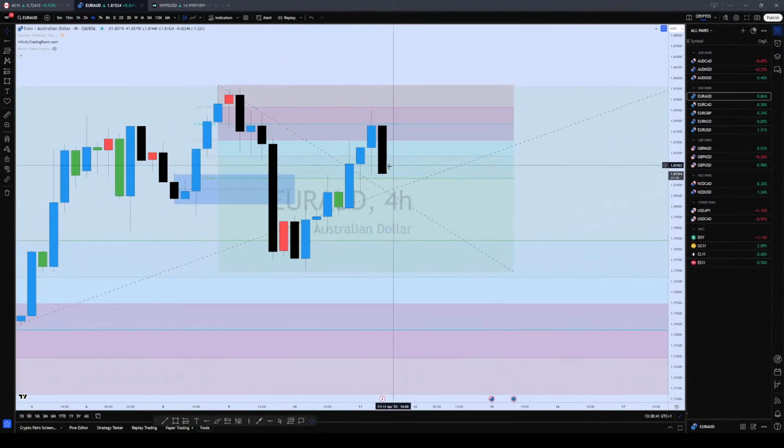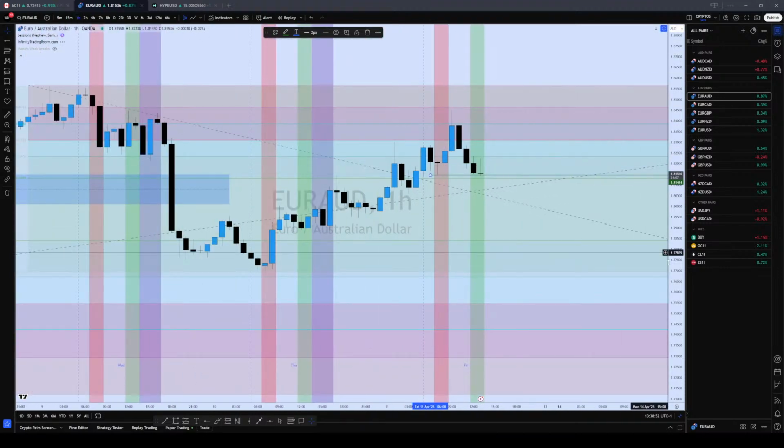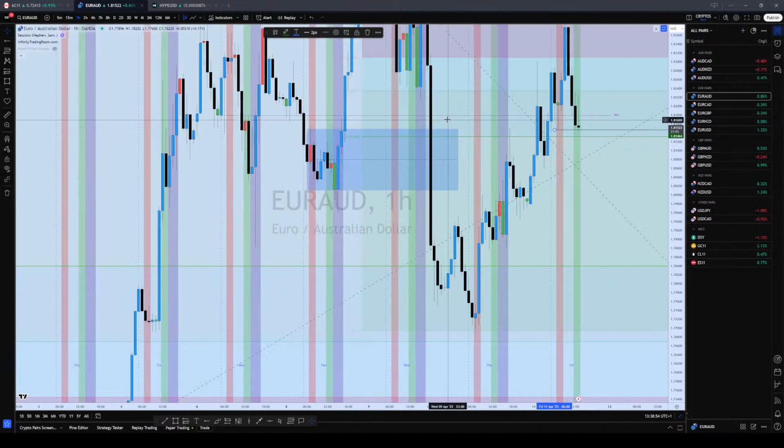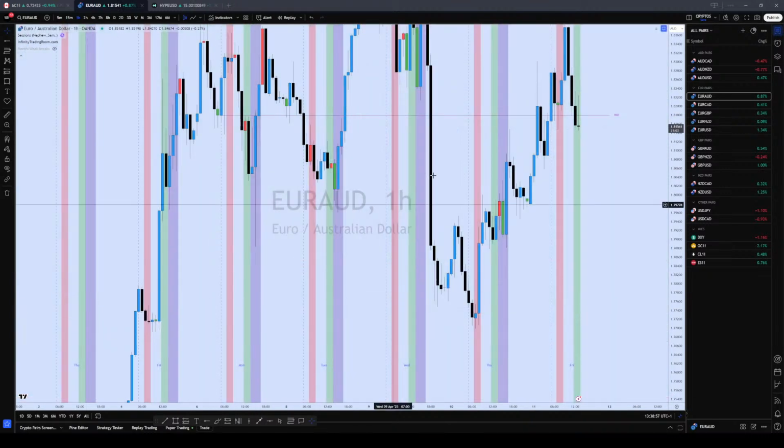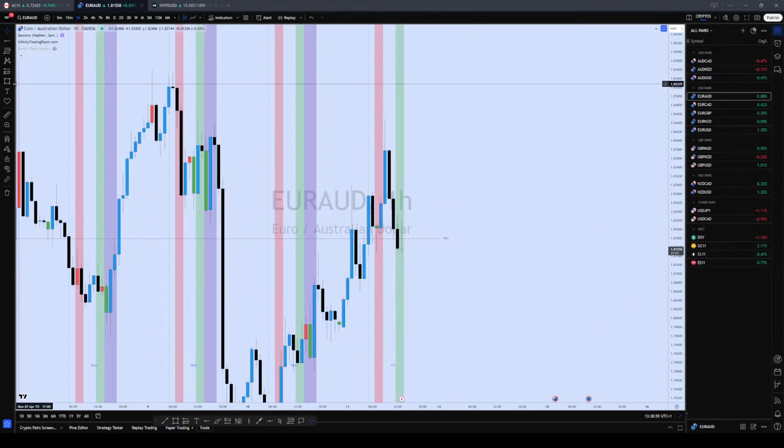So now if we get this H4 to close below this candle's low, it will have a fair value gap somewhere inside this candle, which is somewhere right there. That'll be your entry.